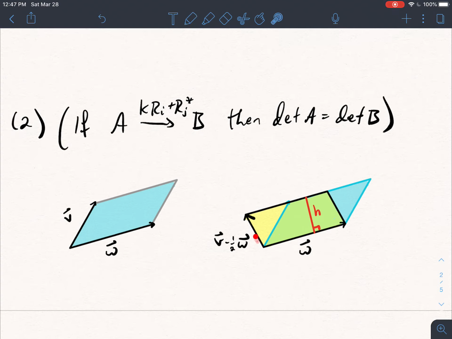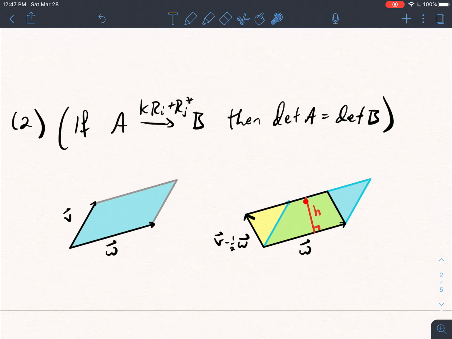So this vector is my new v plus negative half w, and the area of this box, well, how can I compute it? This is a parallelogram, and the area of a parallelogram can be given by the base times the height.